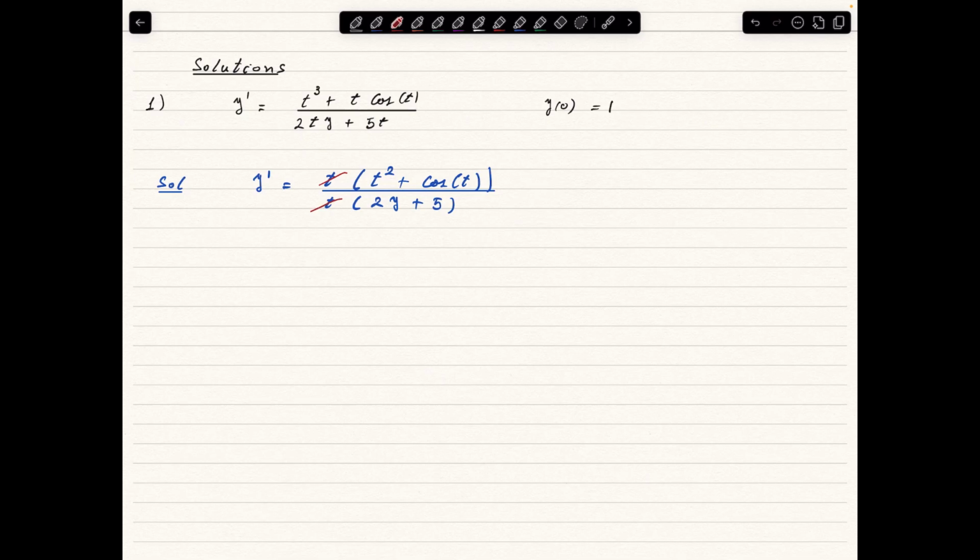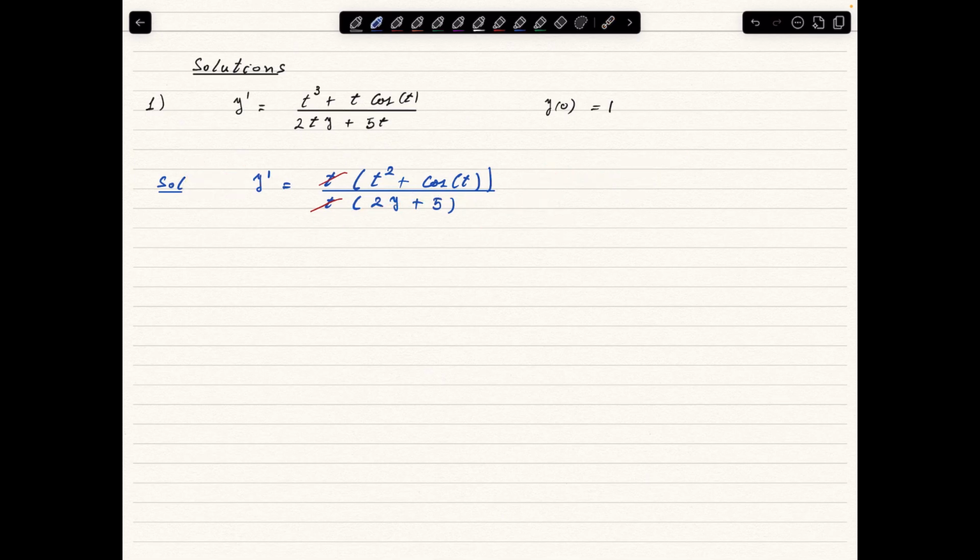Alright, so since we have that, now the equation looks in much nicer form, because now we can realize the denominator depends only on y. So we can move it to the other side, multiplying by that denominator. We multiply by 2y plus 5 on one side of the equation and the other, and of course we cancel these two, and then this factor goes to the other side.